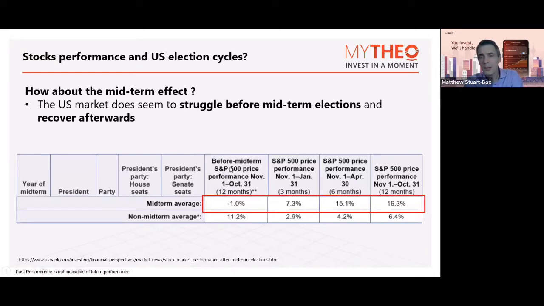It looks at the performance of the S&P 500 in the 12 months leading up to the midterms. And here you can see on average, the S&P is essentially flat over that period. And then on this side, it looks at the S&P in the 6 months and the 12 months after the midterms.